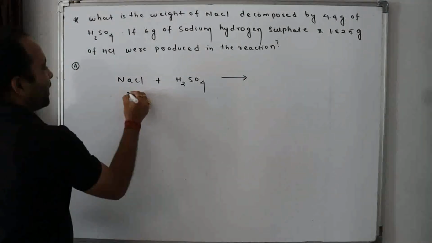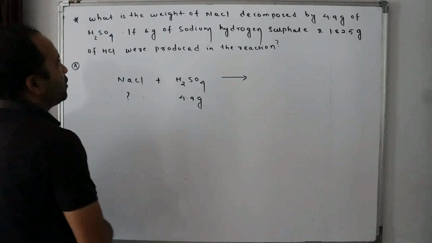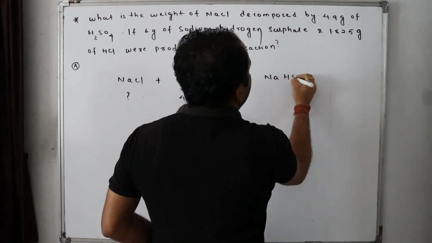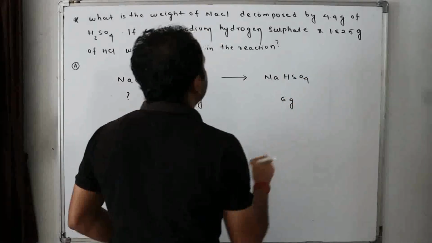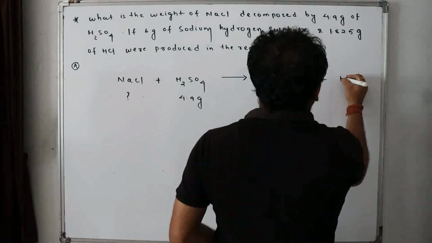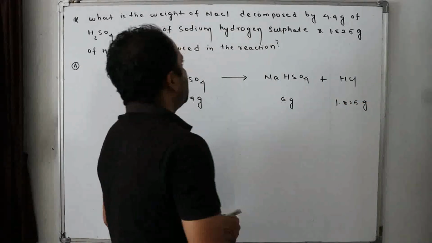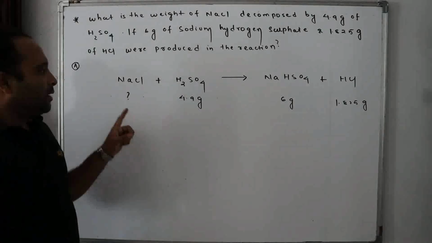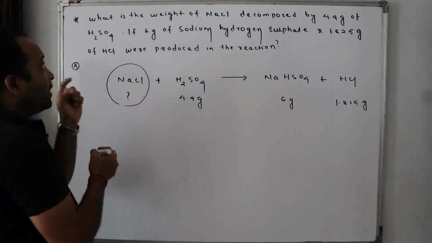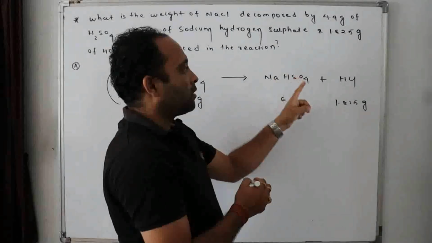What will be the weight of NaCl decomposed by 4.9 gram H2SO4, if 6 gram of sodium hydrogen sulfate, NaHSO4, is formed and 1.825 gram of HCl is produced in the reaction? Here the question is very simple.